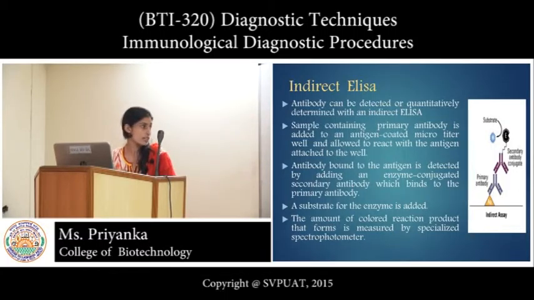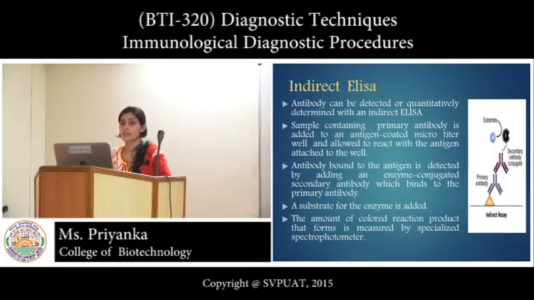First, the wells are coated with antigen, then the primary antibody for that particular antigen is added, then a secondary antibody which is specific for the primary antibody is added, and the secondary antibody is conjugated to an enzyme.